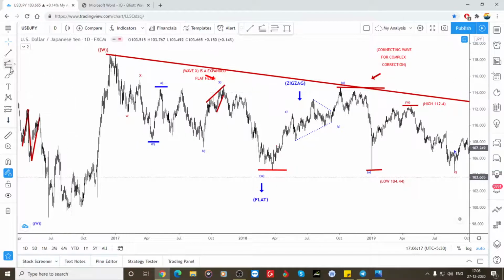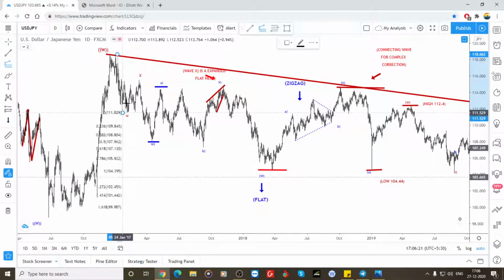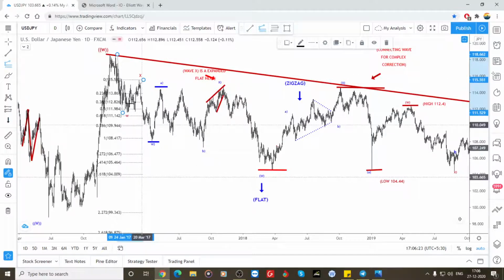Correction part means, if it is a flat correction, AB is equal to CD, right? This wave is equal to this, what we saw and read in the previous regular flat corrections.